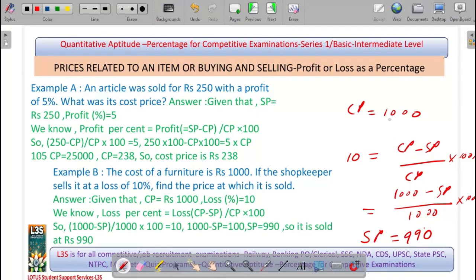So he bought it at 1000 and sold it at 990, and he got a 10% loss.